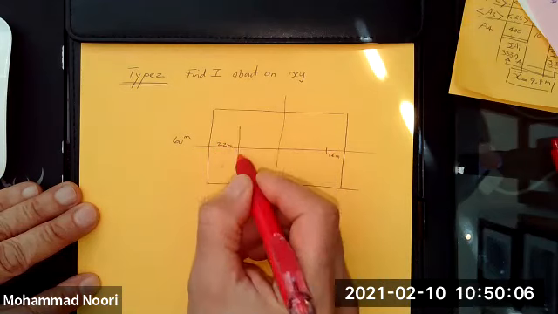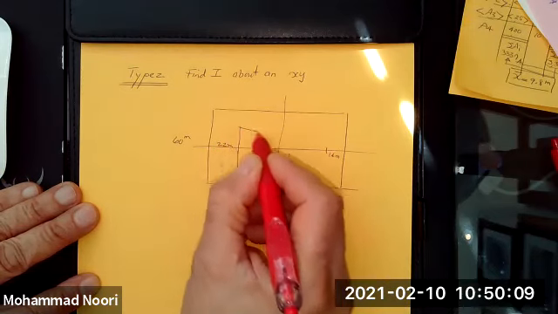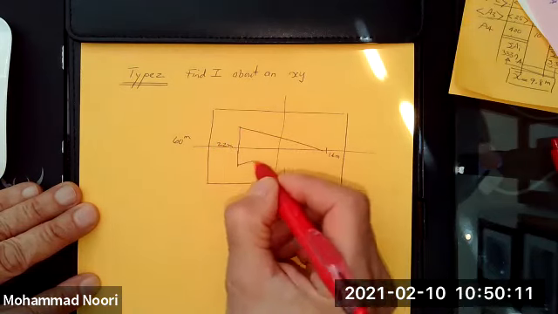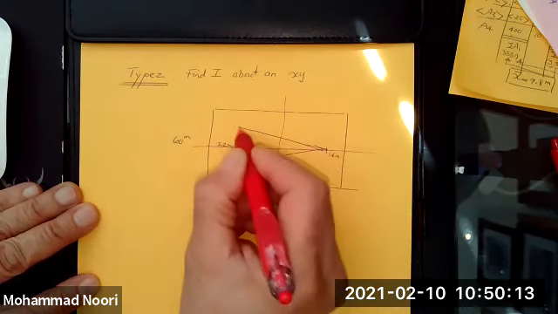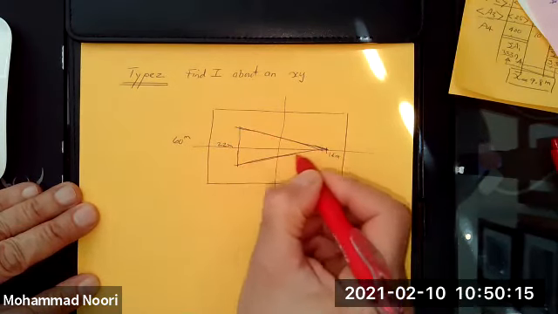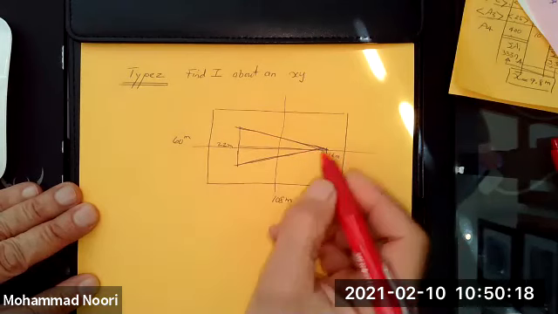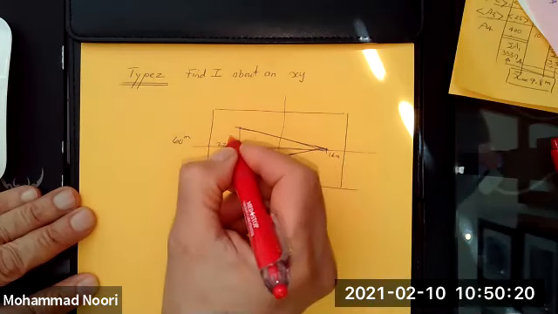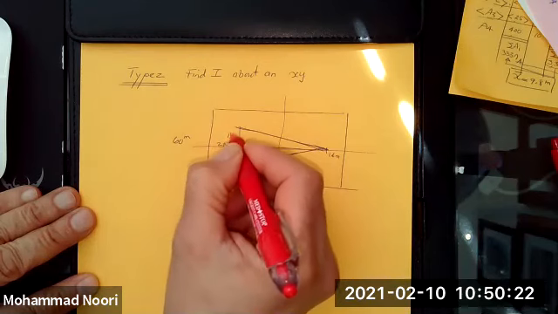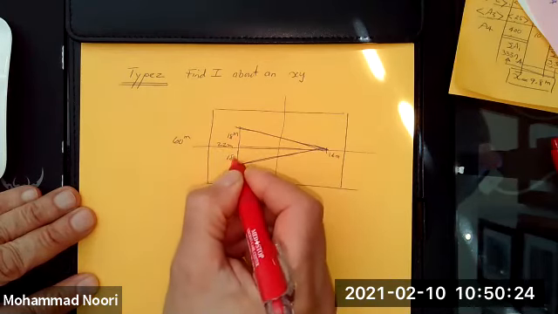a triangular shape like this, okay? So this height is 18 meters and this is 18 meters.